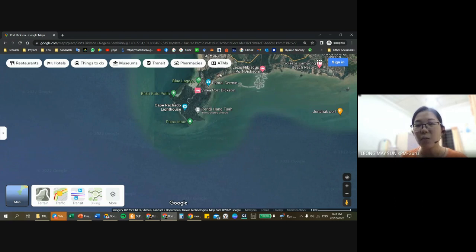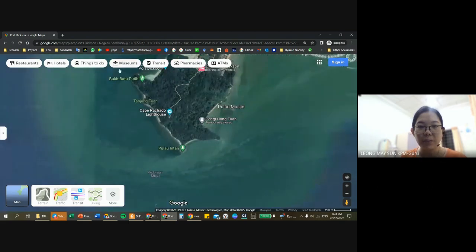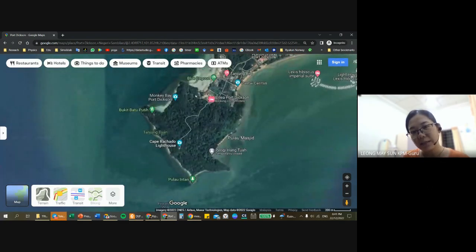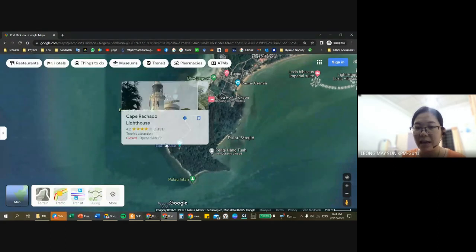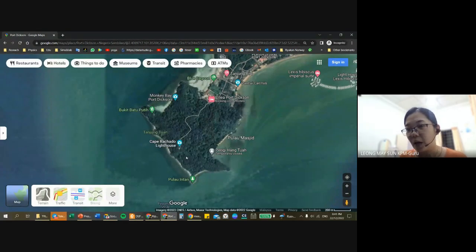There is a reason why, and at the Cape area, this part, you can see it's still mainly forest. People go to Port Dickson to go down to the seaside, but it's not safe to build a resort or a hotel facing the sea at the Cape region. This is what we are trying to understand, why.